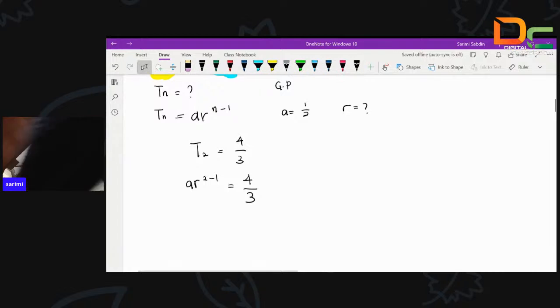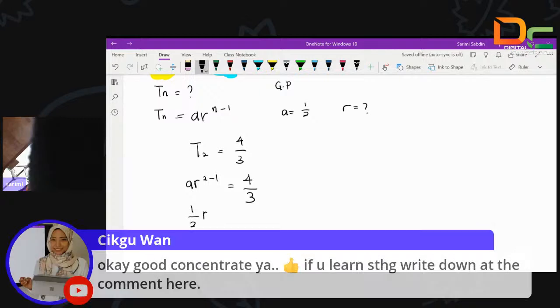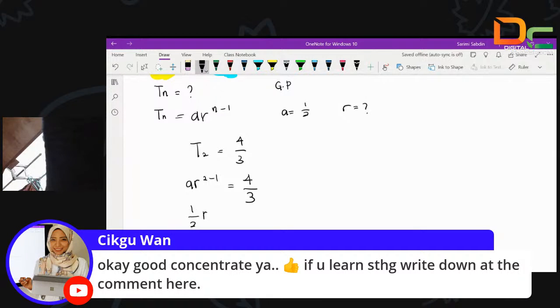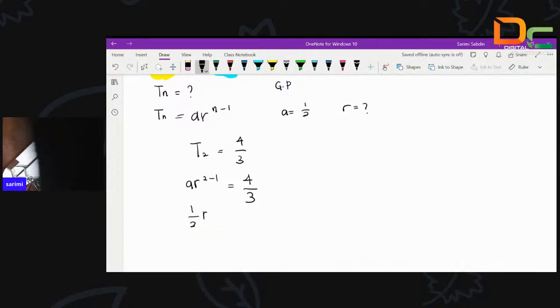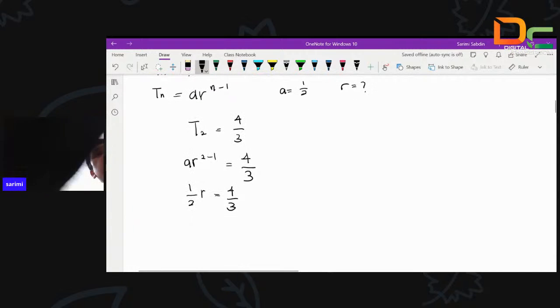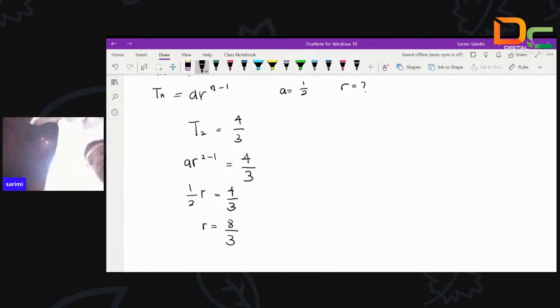We also know a is half. So this is half times r, because the power 2 minus 1 is 1, so it's just r, equals 4 over 3. If we rearrange this, we get r equals 8 over 3.